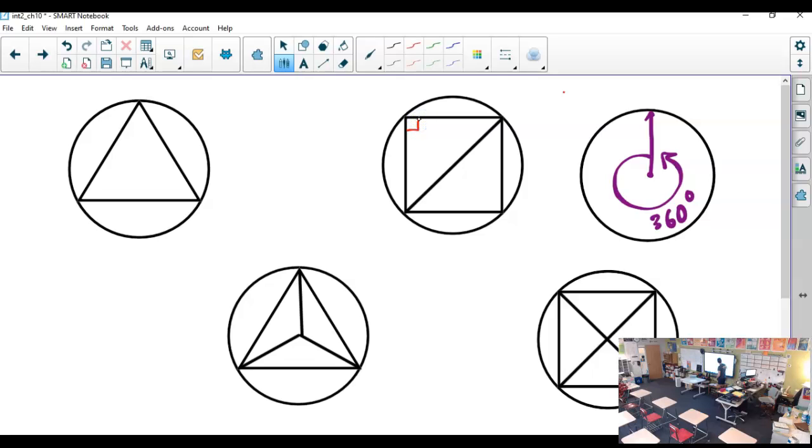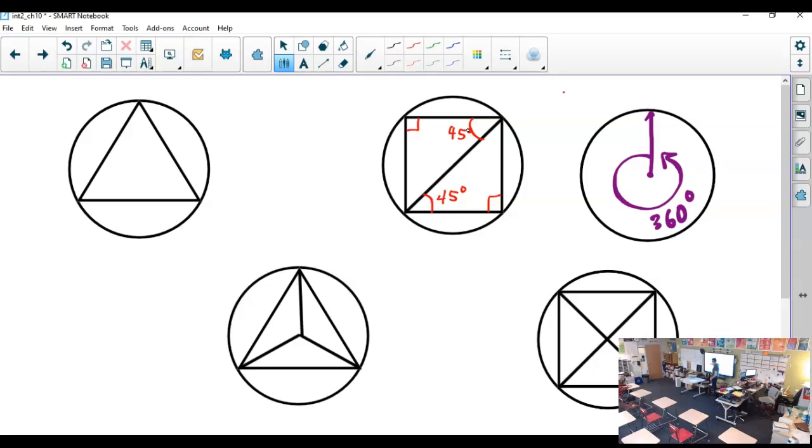So 90. If this is bisecting, what would be the angle? Oh my gosh, it's an isosceles right triangle. What sort of triangle is this?